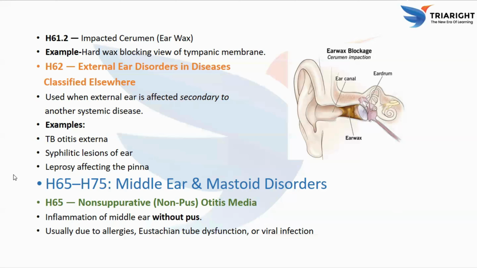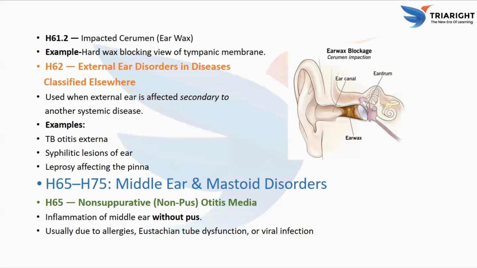What is otitis media? The inflammation of the middle ear without pus or active bacterial infection. What are the causes of this non-suppurative otitis media? Allergies are the most common one, Eustachian tube dysfunction, viral infections, barotrauma. The key features are fluid buildup behind the eardrum.